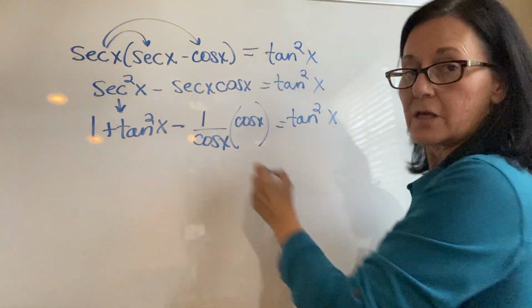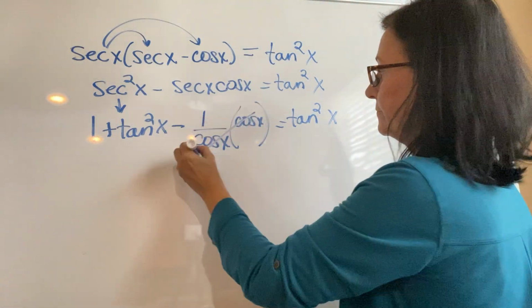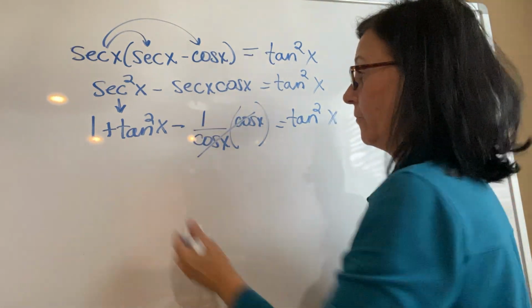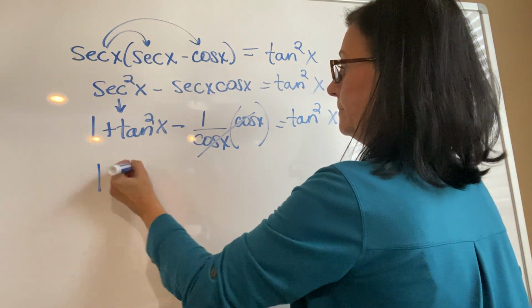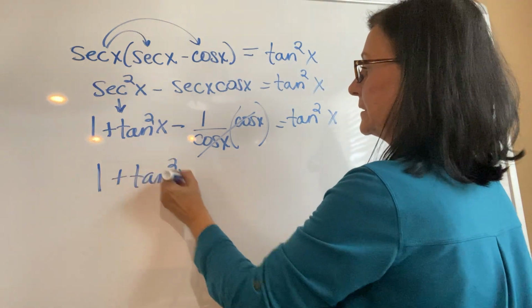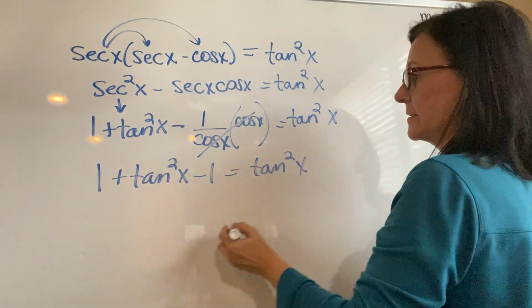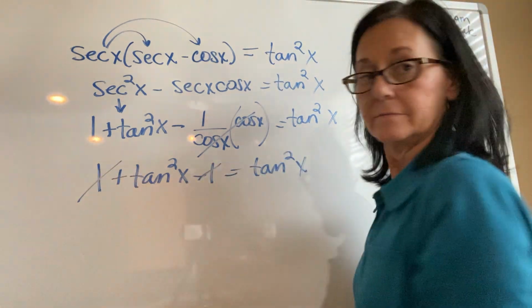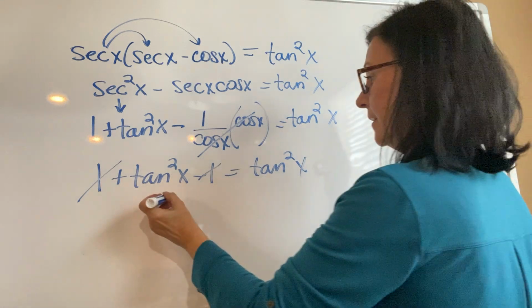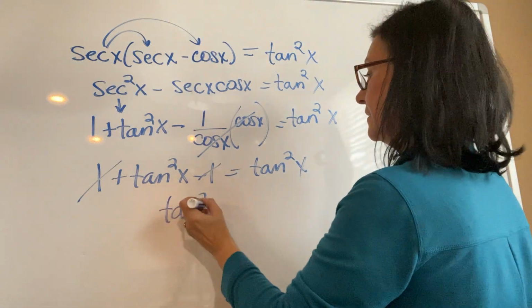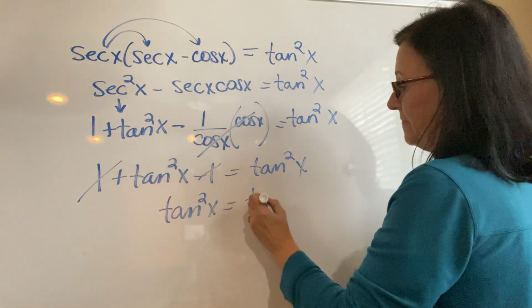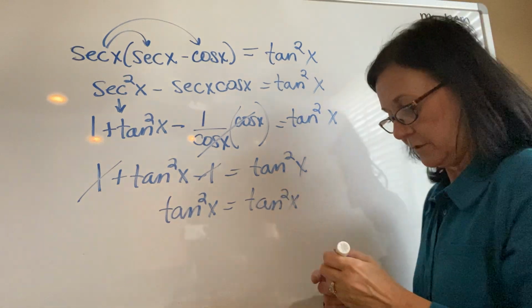This is just the cosine over the cosine, so those cancel and it's minus 1. So it's 1 plus the tan squared x minus 1. My 1's eliminate because it's 1 minus 1, and we have the tan squared x equals the tan squared x.